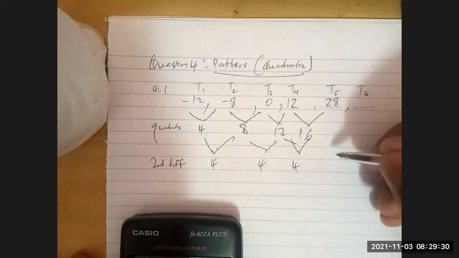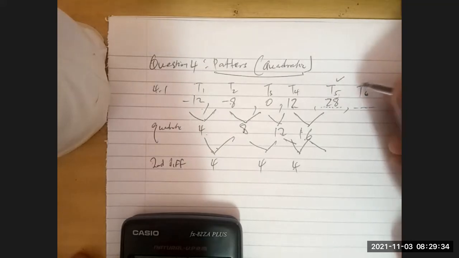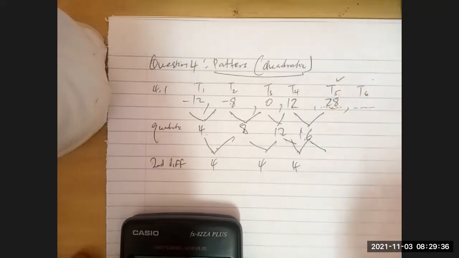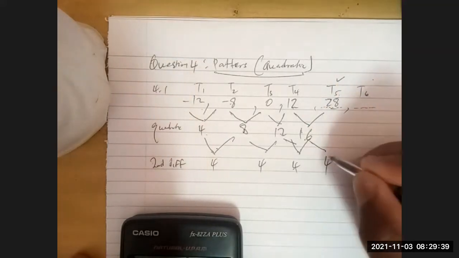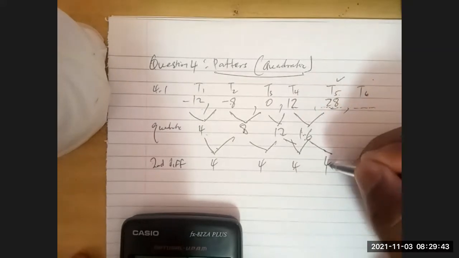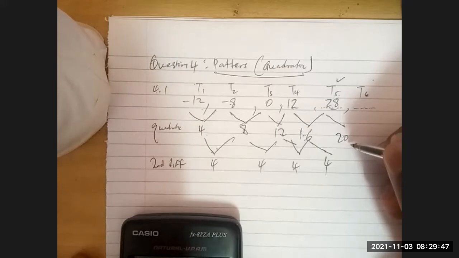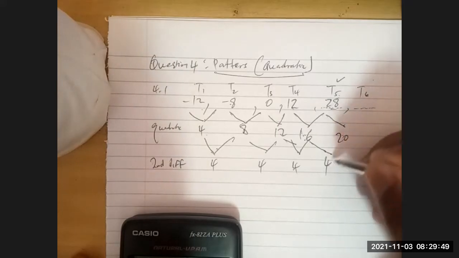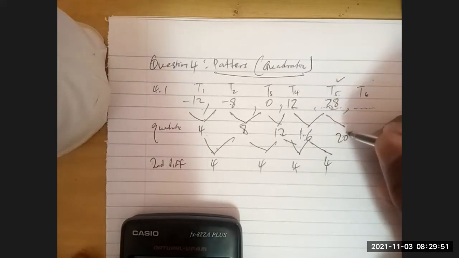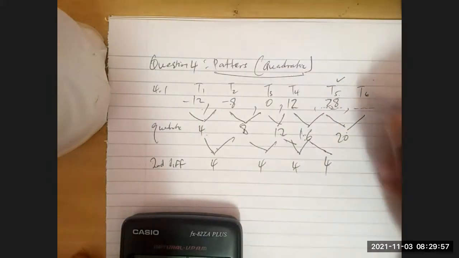And then extending, we got term number 5. We've seen term number 5 and term number 6. We extend again, and 16 plus 4 gives us the difference that is going to be here, which is 20. Then 28 plus 20 is going to give us term number 6, which is 48.